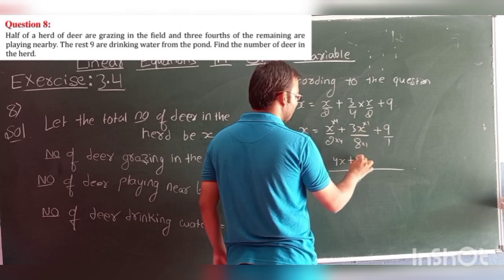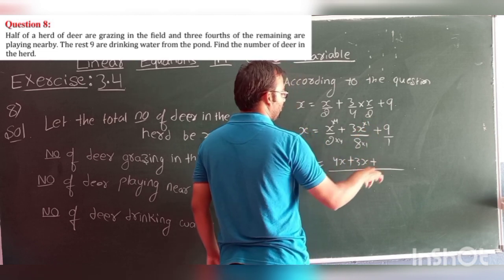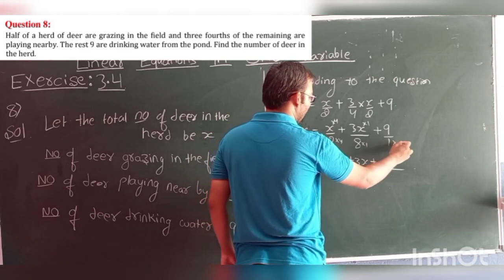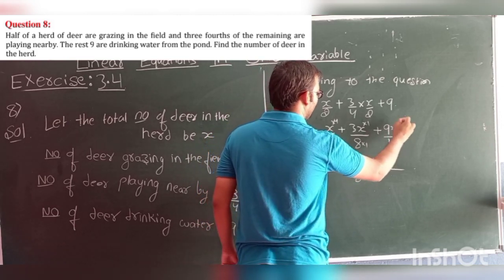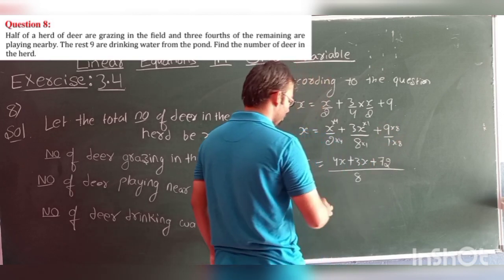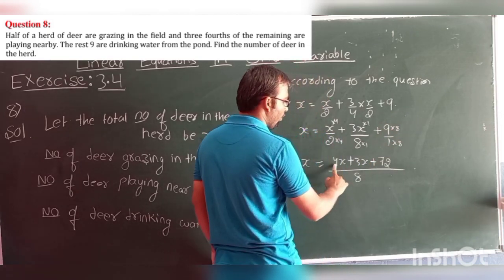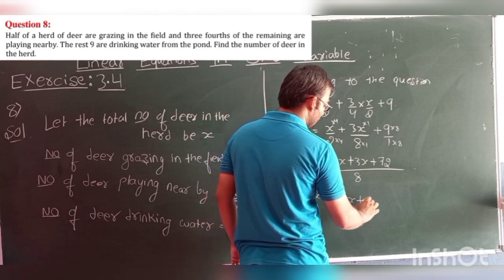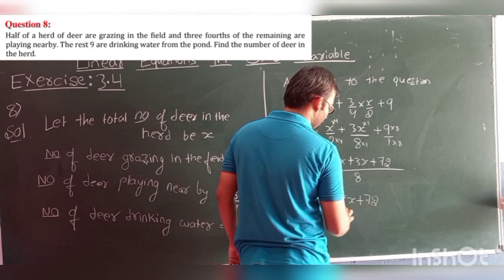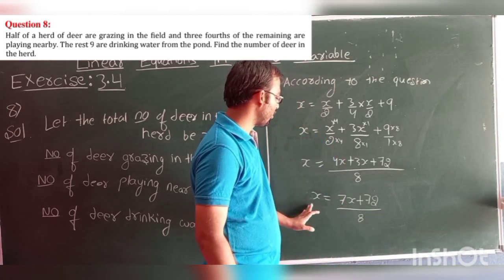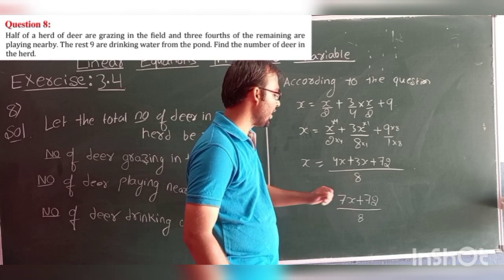That is 3x into 1 is 3x plus, if LCM is 8 and the denominator is 1, then multiply by 8. Okay, 9 8s are 72. X equals to 4x plus 3x is what? 7x plus 72 by 8. Okay, so what we have got? X equals to 7x plus 72 by 8.